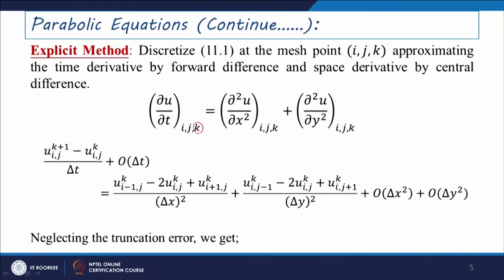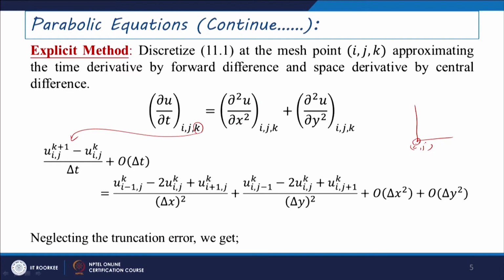Since there is a time variation, there is a variation in k. That is why we write u i j at that particular grid point, since in the space coordinates i j is the coordinate and time just moves to the upper level.